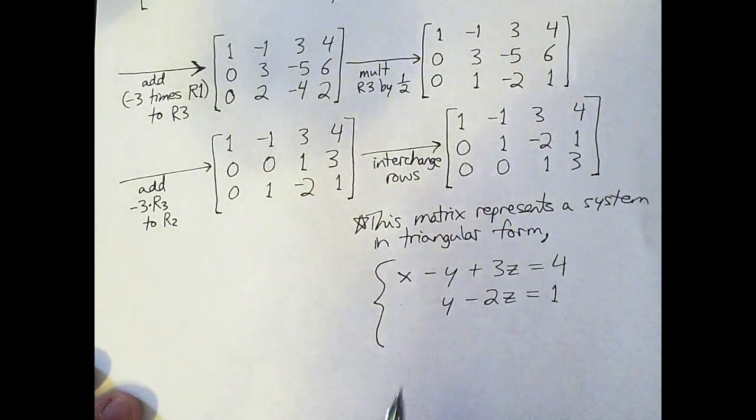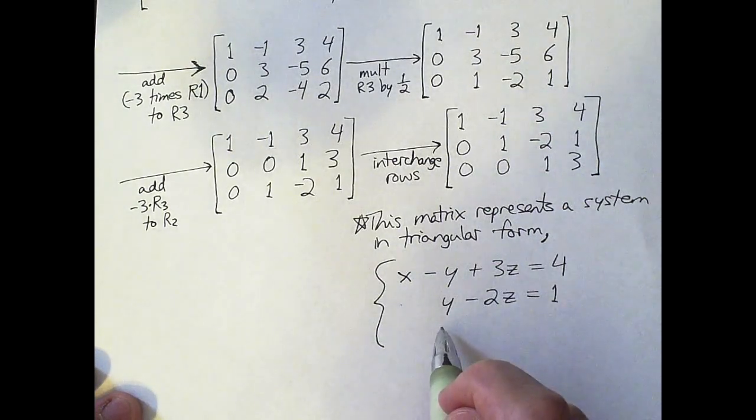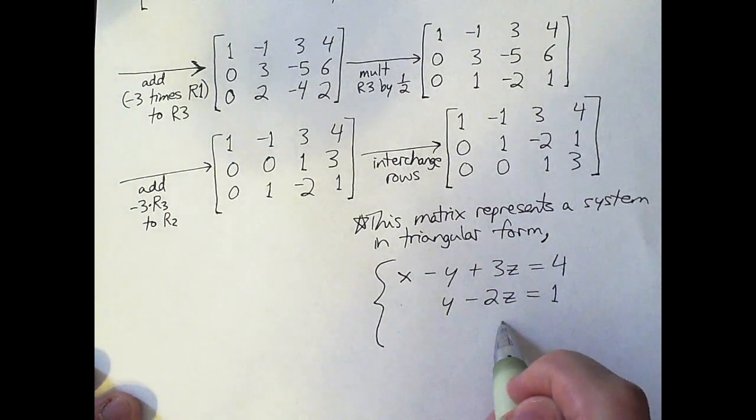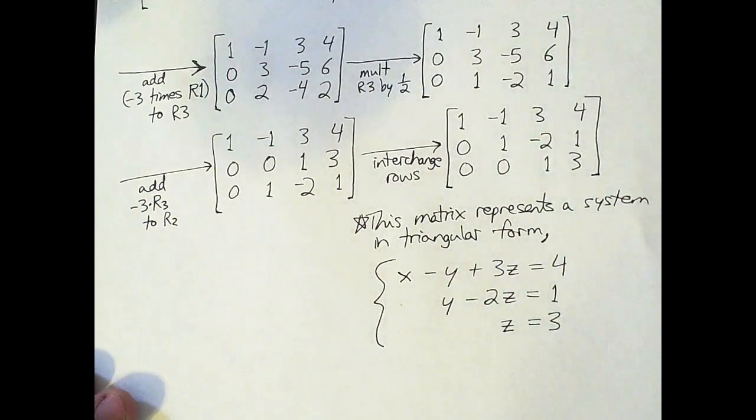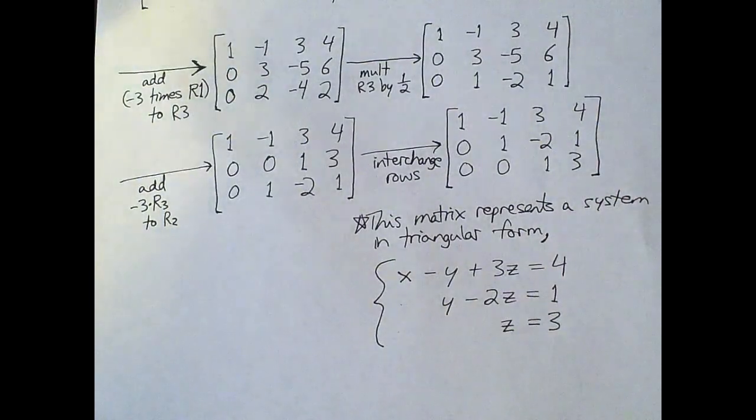And in row 3, 0, 0, 1 represents 0x plus 0y plus 1z equals 3. So maybe writing it like this helps you see that, yes, we did get triangular form.